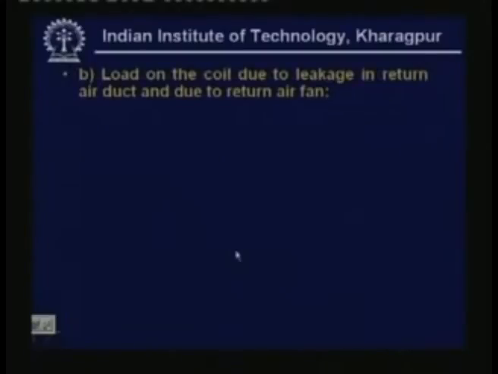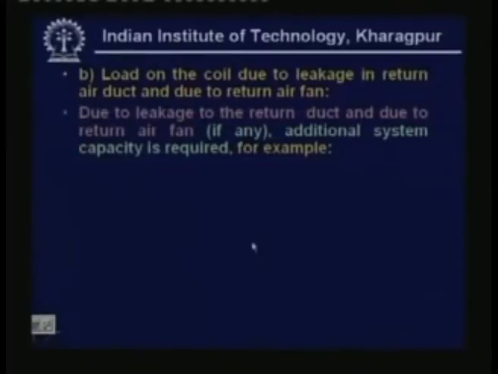Next comes load on the coil due to leakage in the return air duct and due to the return air fan. Due to leakage in the return duct and due to the return air fan, if there is any fan, it is not necessary that the return air duct should have a fan, but in some cases you may have a fan. So if you have a fan, the fan and the leakage add to the load on the system, so we must consider this.